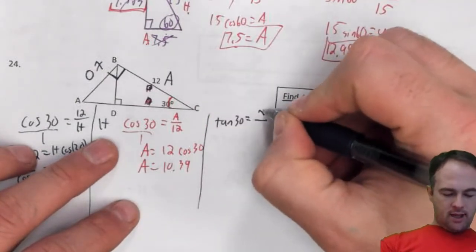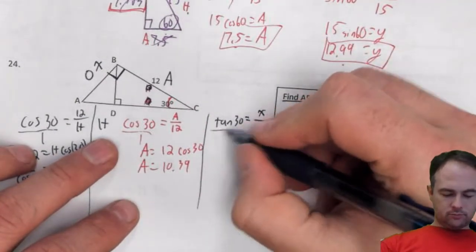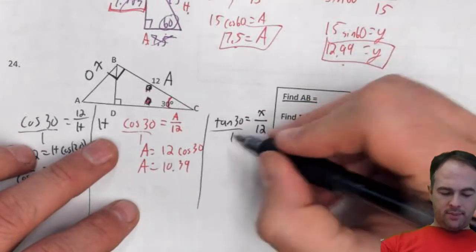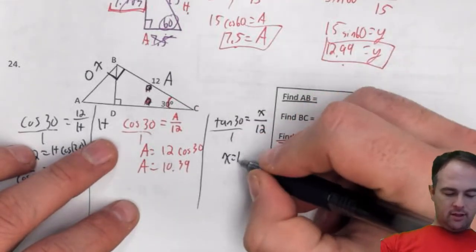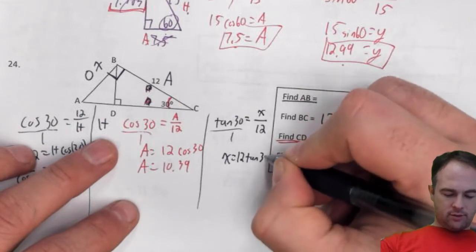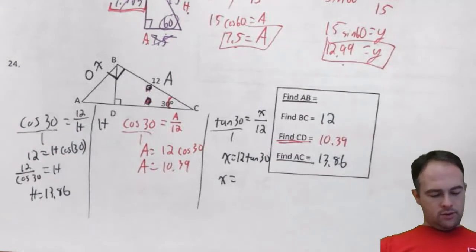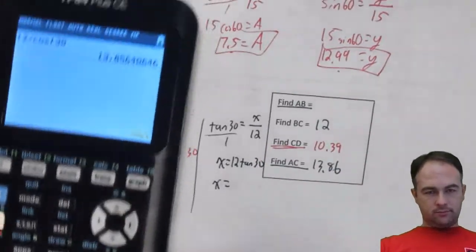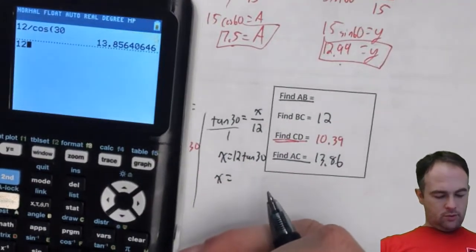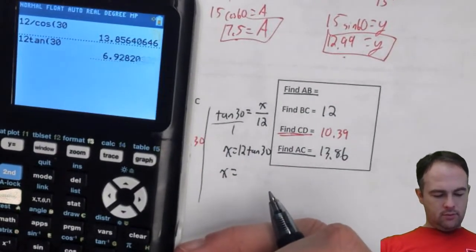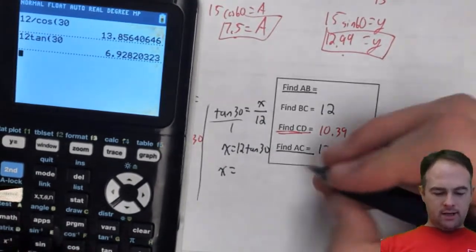Opposite over adjacent, X over 12. Cross multiply. X times 1 is X equals 12 times tangent 30. So X is 12 tangent 30, 6.93.